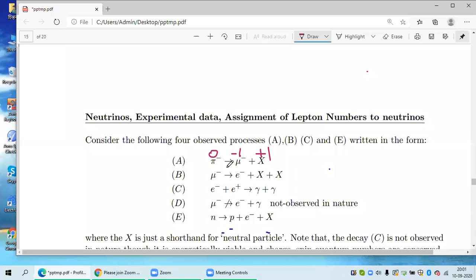And then in the second equation, muon equal to -1, electron -1, and that x is also 1. So it is not conserved. -1 this side, +1 this side. Yes. Okay.